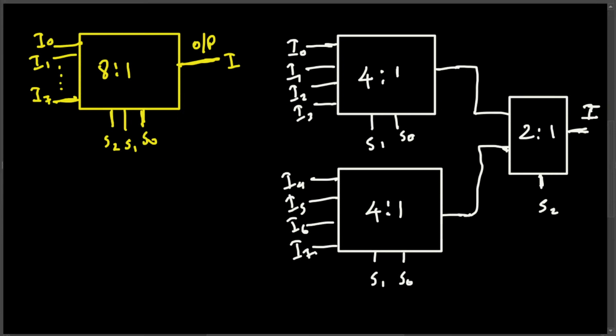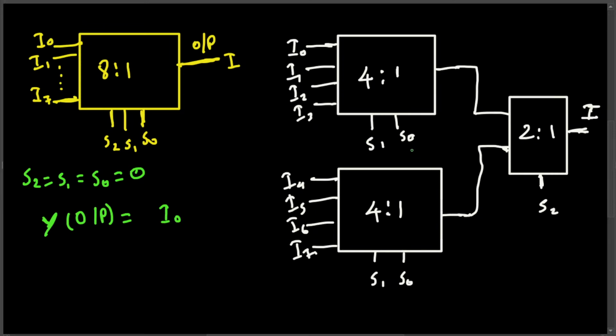For example, for the 8x1 multiplexer, when S2, S1 and S0 are equal to 0, the output will be I0, the first one, because the select line goes top to bottom. So if it's 0 0 0, it's going to select the first one. So the output will be I0.